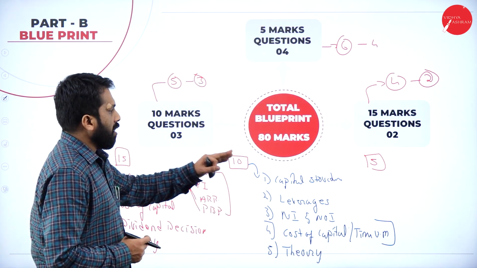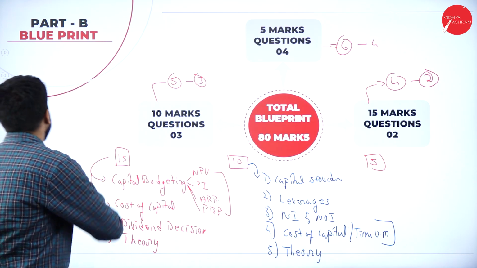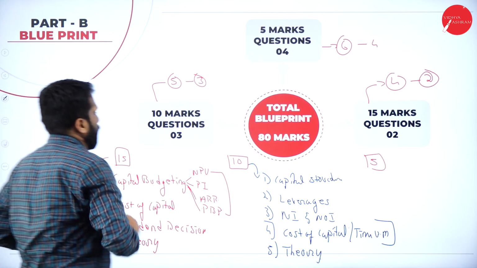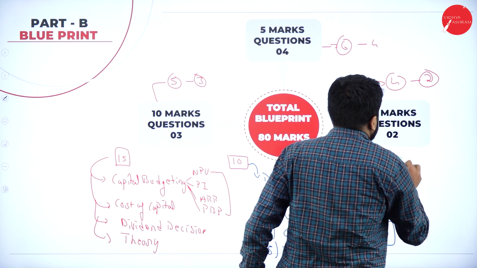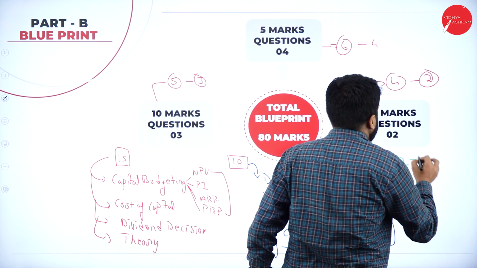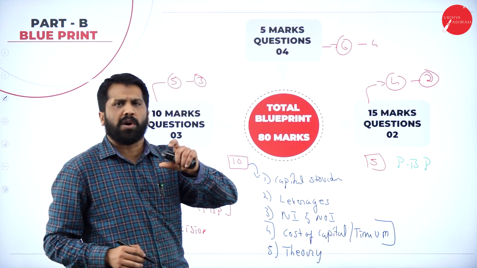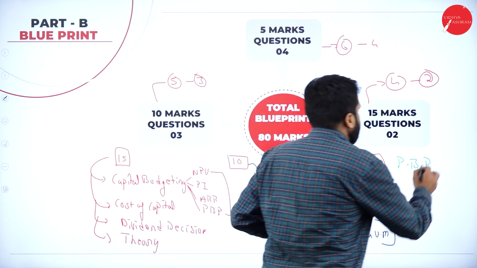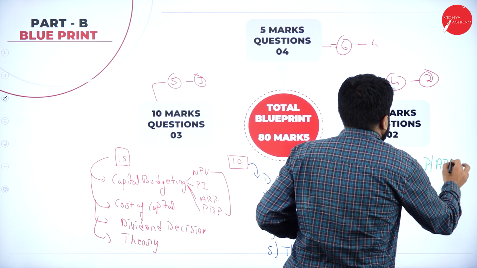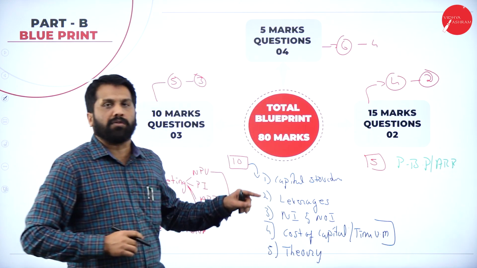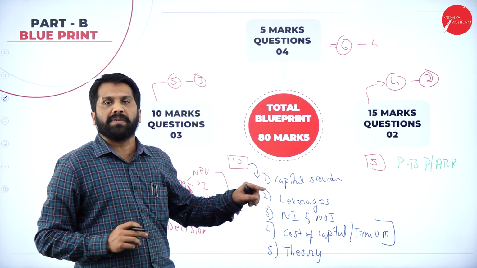And what about your 5 mark question? Now, your 5 mark question will be, one is payback period. PBP means payback period. Small problem they will ask you, or else they may ask you ARR, accounting rate of return. Out of these two, any one will be asked.